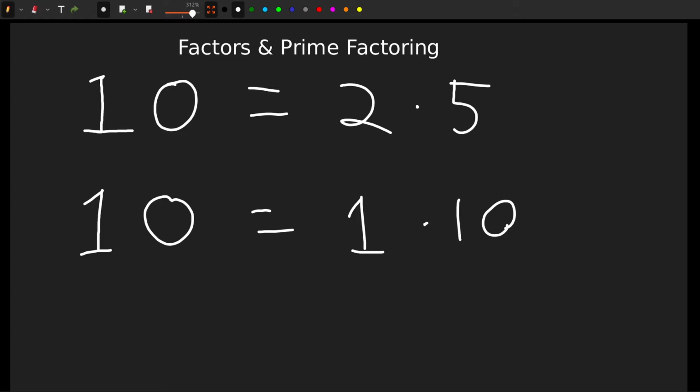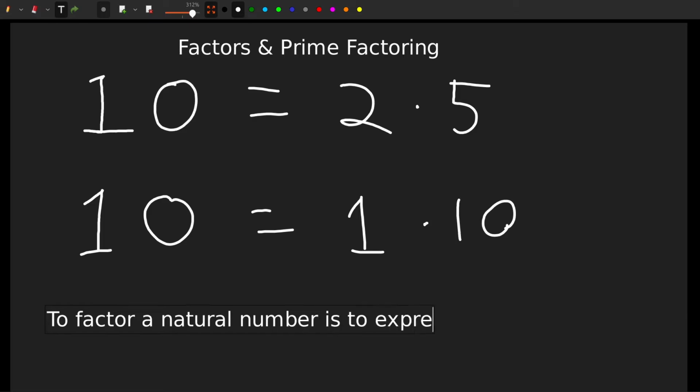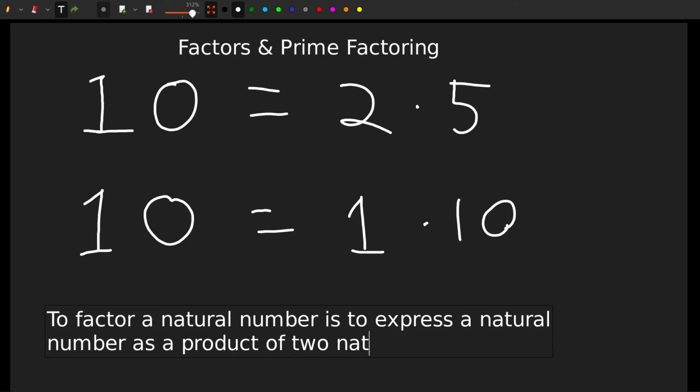The equation way, or the definitive way we think about this, and I'm going to go ahead and type this out, is that to factor a natural number is to express a natural number as a product, which means multiplication in this case, of two natural numbers.